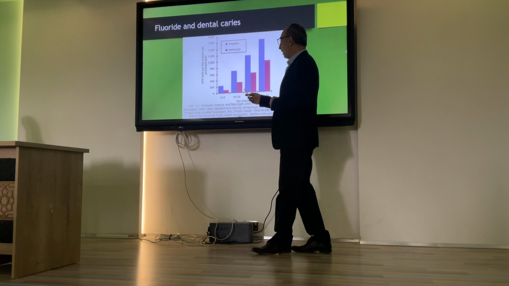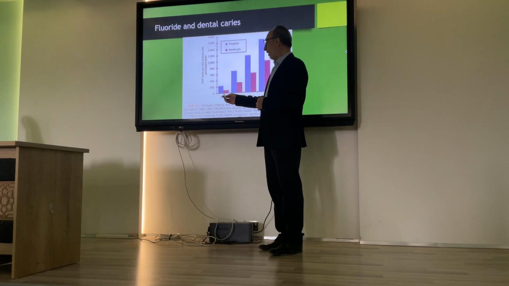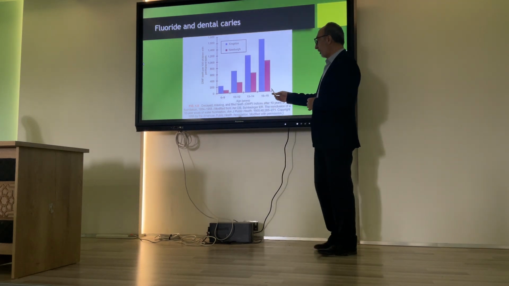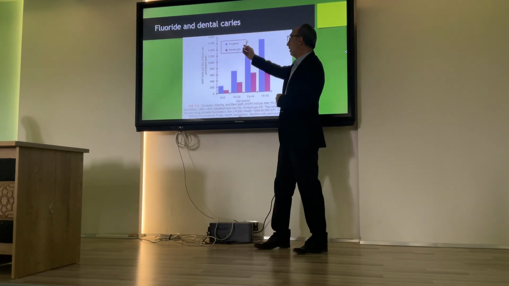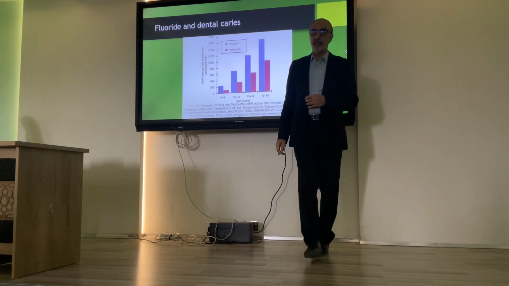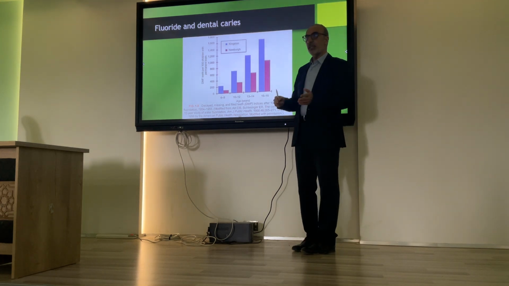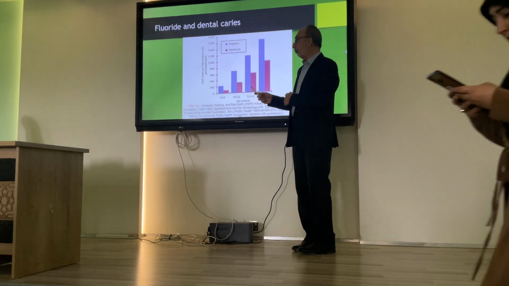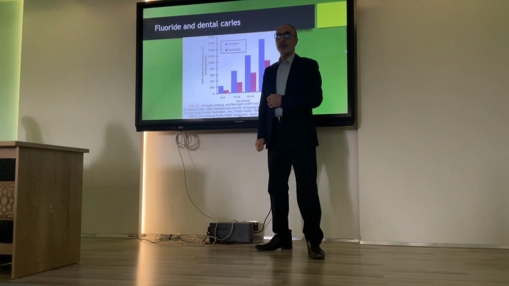For example, in the 6 to 9 years old group, without fluoride had 2 decayed teeth, and in the group with fluoridation, it was less than 1. And in the oldest age group, 15 to 16 years old, the group without fluoride had on average 16 decayed teeth. But after adding fluoride, the intervention group, the number of decayed teeth was about 10 on average.